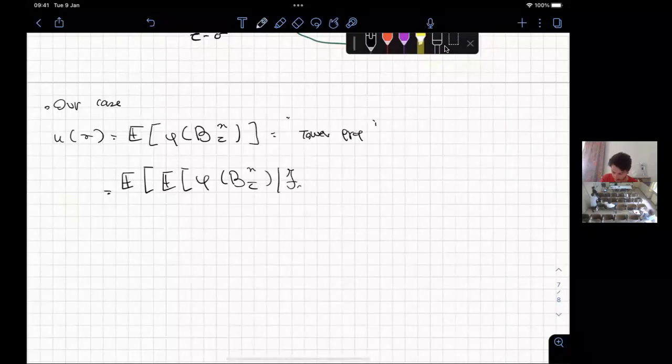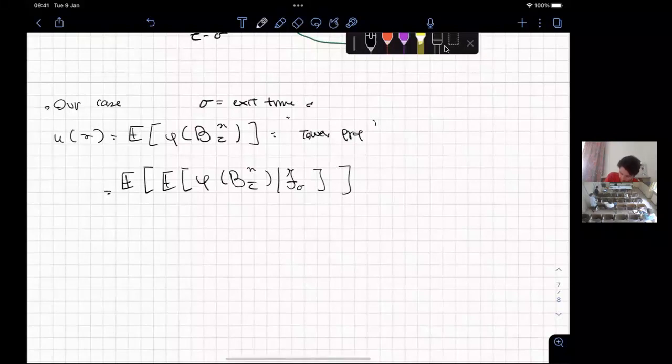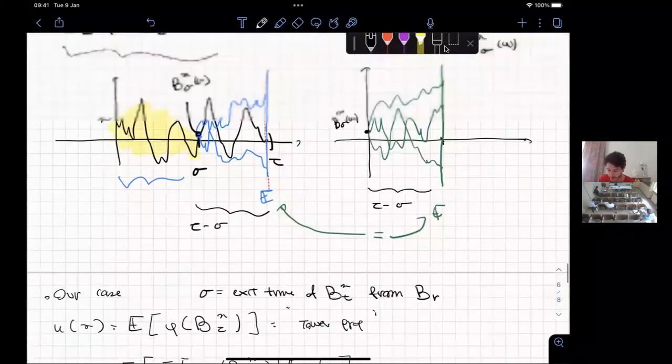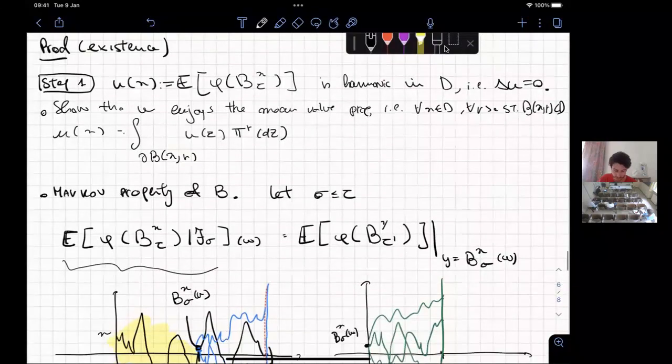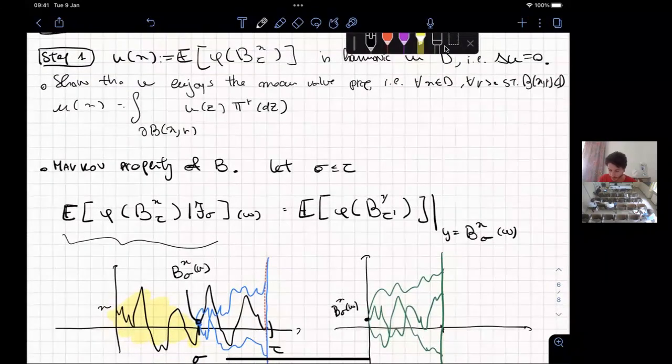Given f, sigma, the two things are equal, and here sigma is just the exit time of the Brownian motion x from the ball of radius r we introduced here in the property.